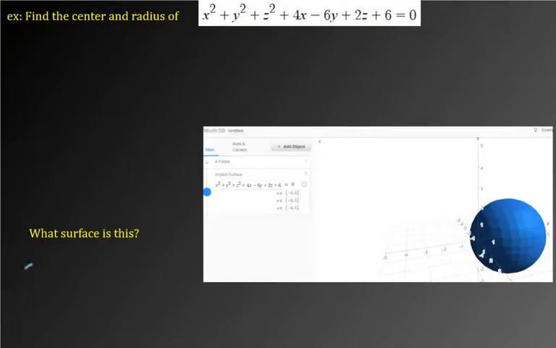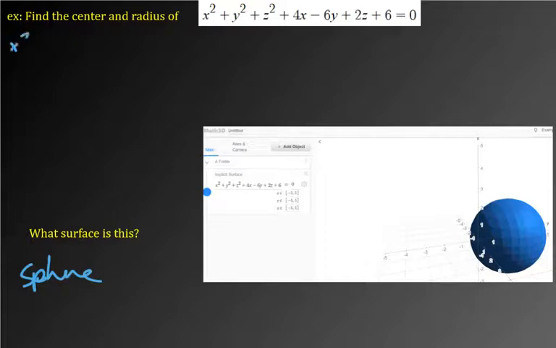So that's kind of just to answer this question. But the way to do this is basically you don't have to just complete the square with x terms. You can complete the square with the y terms and z terms. So I'm going to group like terms.